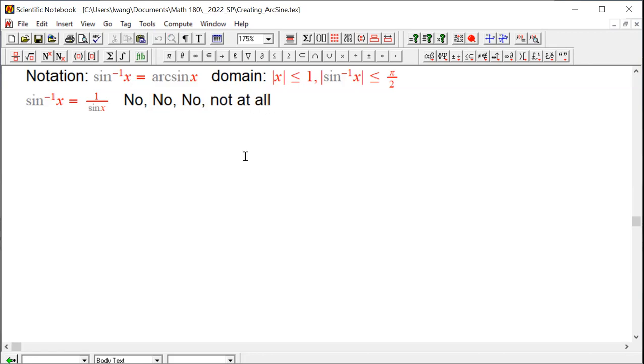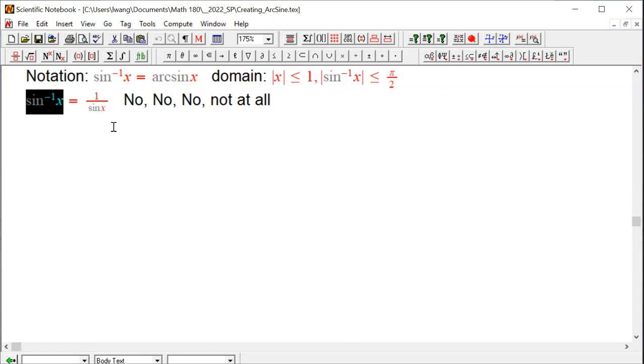Why? 1 over sine actually is cosecant, right? And ArcSine has a domain, and domain and range even don't match, because for a cosecant, you just make sure the denominator is not 0. So it's entirely different.